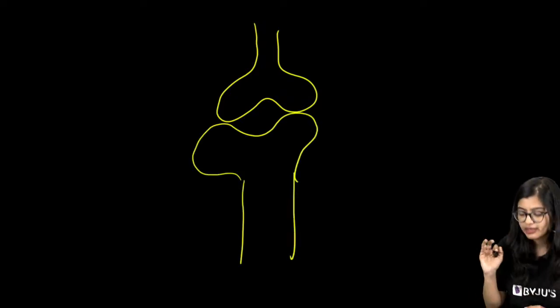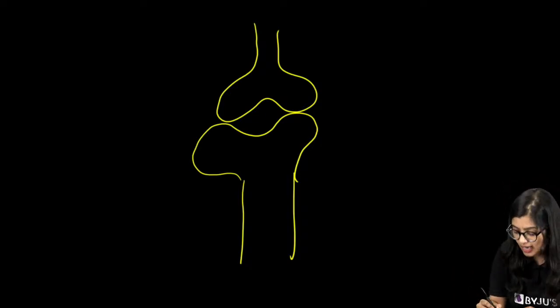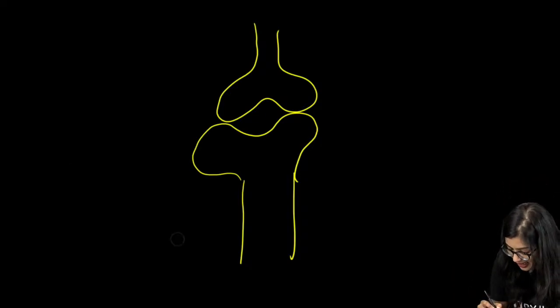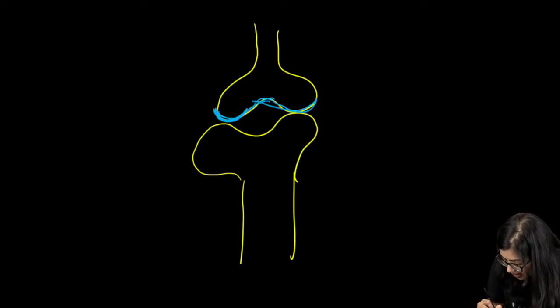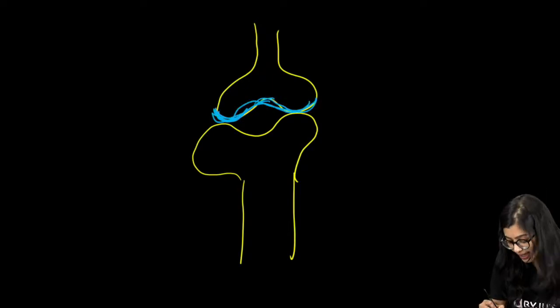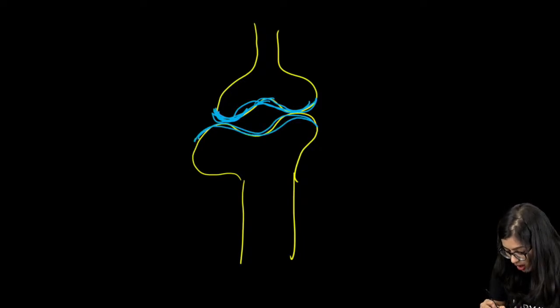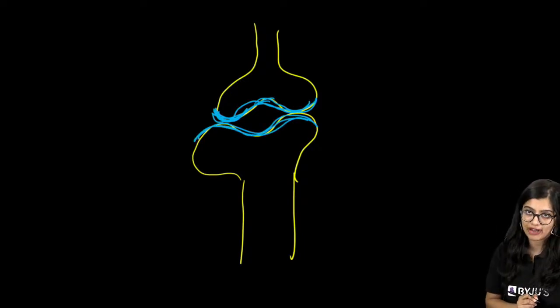These are 2 bones, yes? These are 2 bones. Now your cartilage that is there will be present here. It's a thin layer that you see. Okay. It will be like this. On the surface of the bone you will find it.